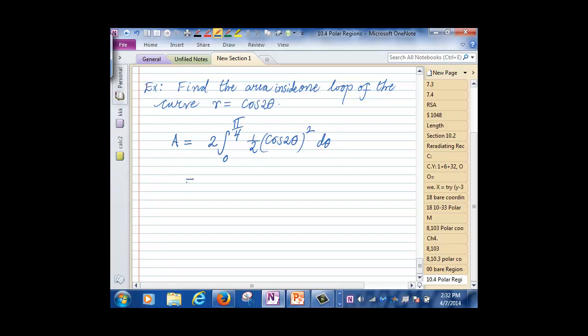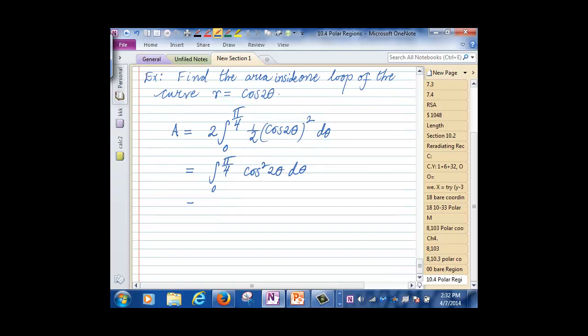Okay, so then the 2 and the half cancel out, so I get the integral from 0 to pi over 4 of cosine squared of 2 theta d theta. Cosine squared of 2 theta is what?